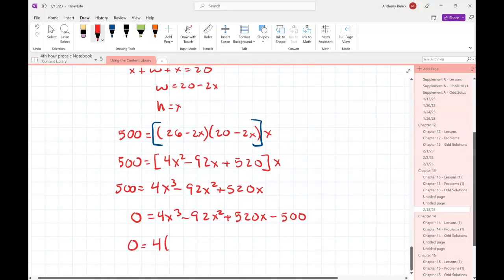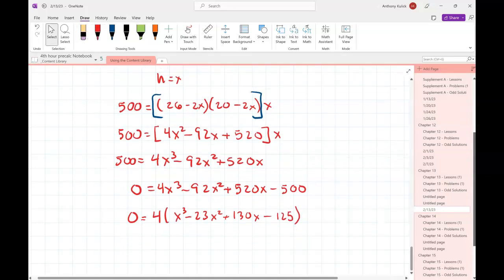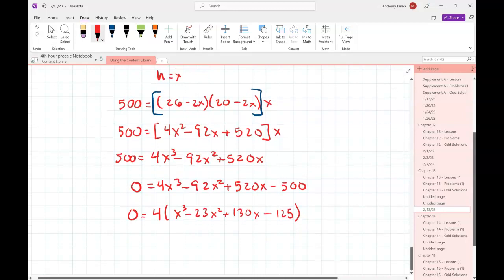Let's see. 92 divided by 4 is 23, I think. And then 520 is 130. And then 500 is 125. I notice because there's no variable attached by that 4, I can just divide both sides by 4.